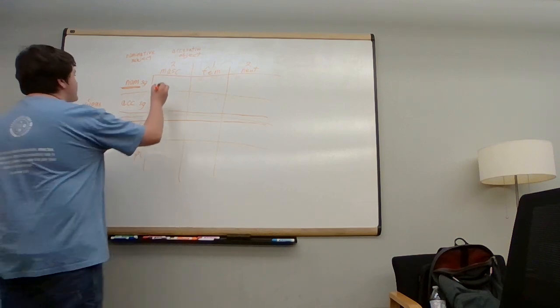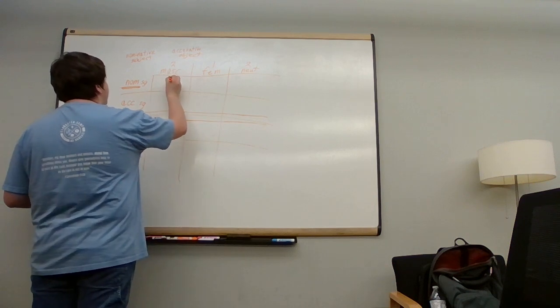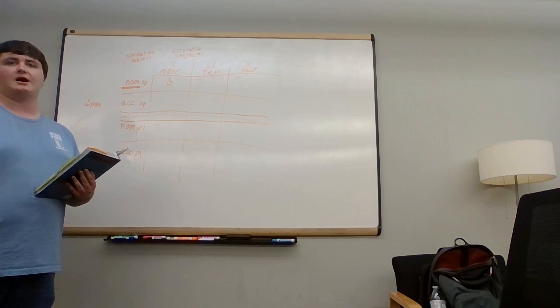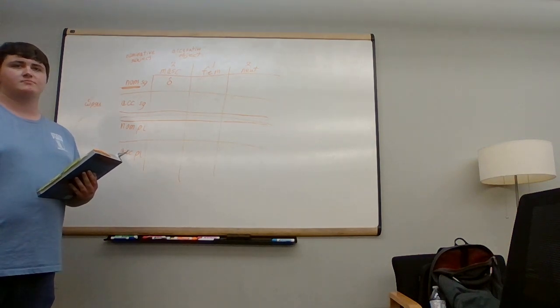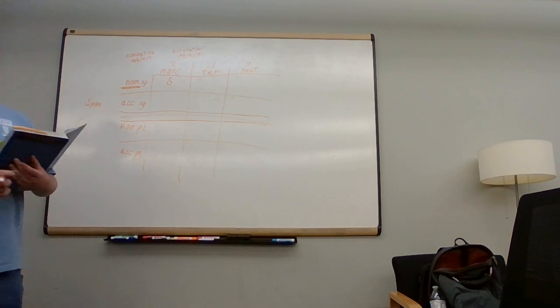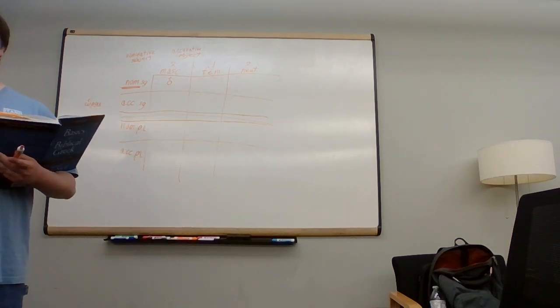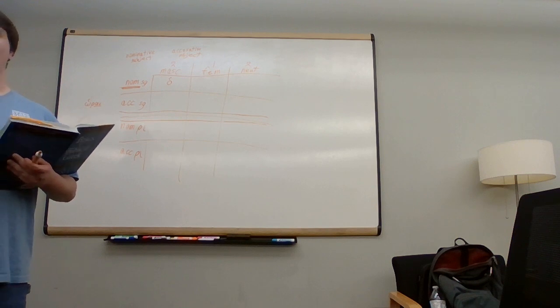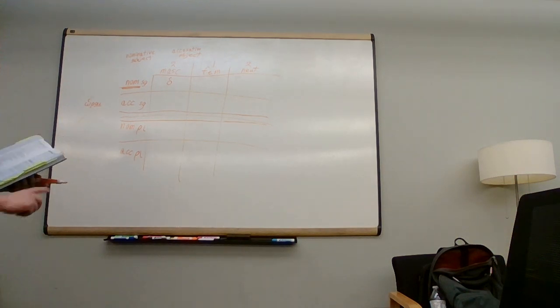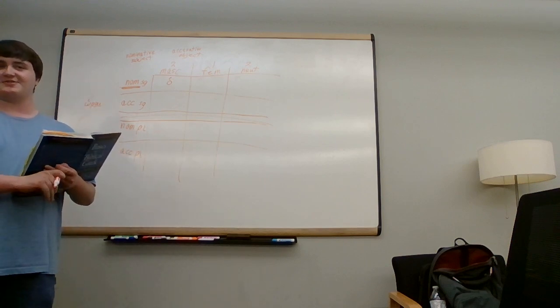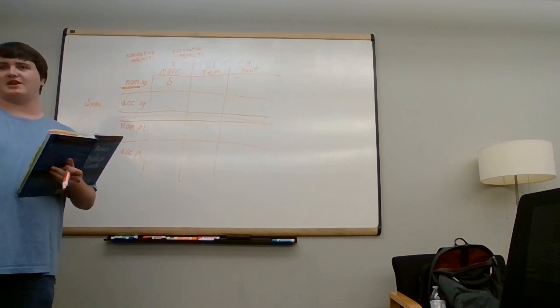So, in a sense, if you're going to say the word, you would say ho logos. The word. Would it help if I stuck the word right next to it? Or can you do that in your notes?